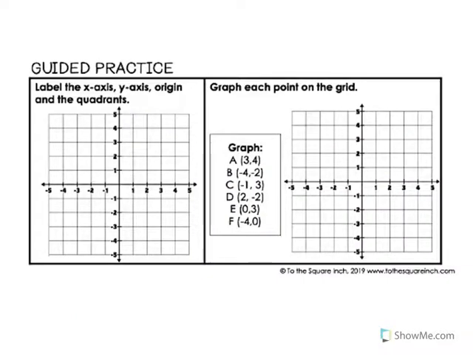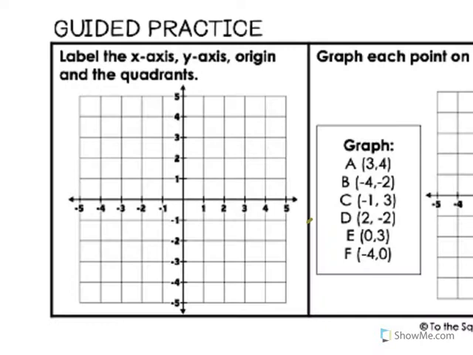First it says to label the x-axis, the y-axis, the origin, and the quadrants. Remember we said that the horizontal axis is called the x-axis, and the vertical line is called the y-axis.